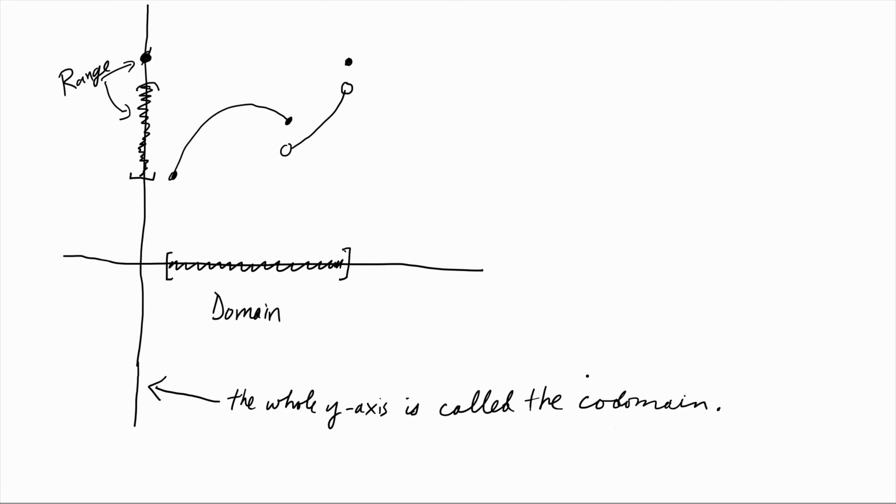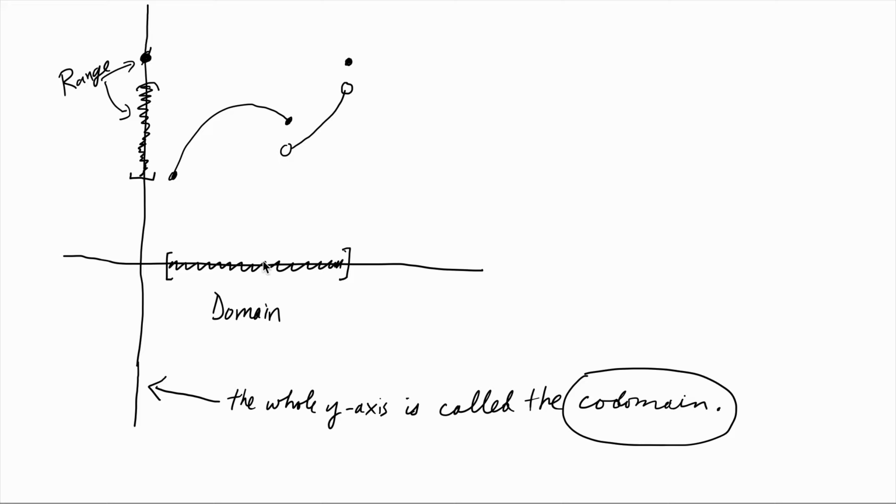Now here's the new definition, something that a lot of people aren't familiar with: the idea of codomain. The codomain is, at least for us, going to be the y-axis. In many other settings, when we're not thinking about functions that we graph in the xy plane, the codomain has a lot of different things we can think about with it.